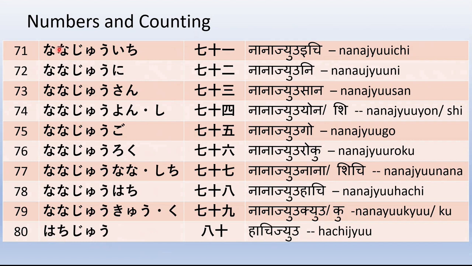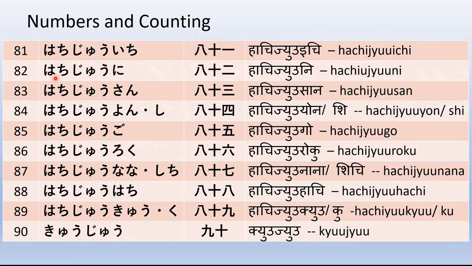Here in place of Nana, you can write Shichi as well. So this will become Shichiju Ichi, Shichiju Ni, and so on up to Shichiju Q, and Hachiju. Hachiju is 80. Hachi is 8, Ju is 10. 80, Hachiju.